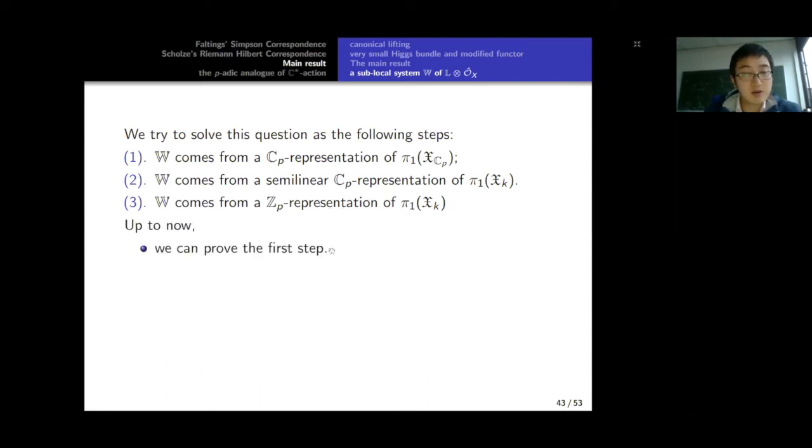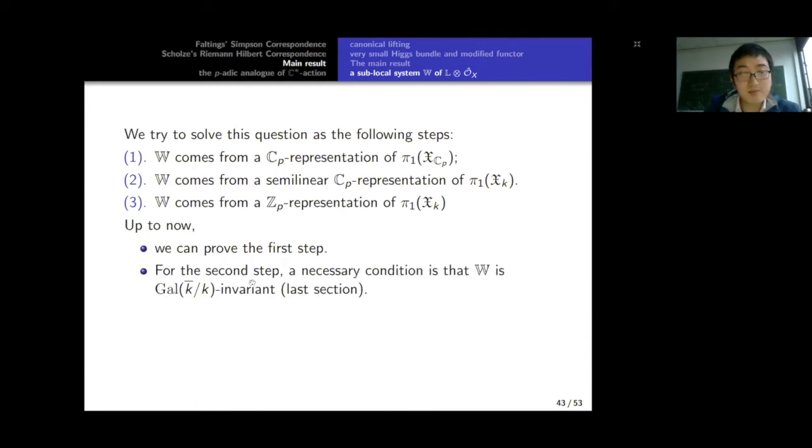Up to now, we can prove the first step. For the second step, there is a necessary condition, that this W must be Galois invariant, and we will give a condition. We will get a description of when this W is Galois invariant in the last section.